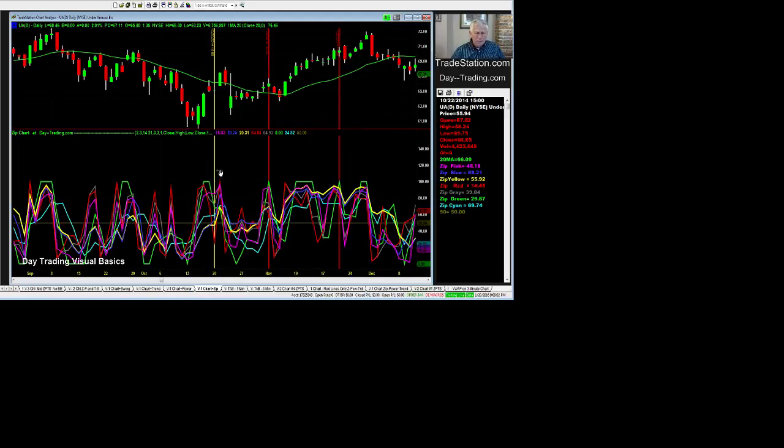You typically think that when you have a zip green at 100 and the pink is right under it, as this one is, and the red and gray are down, and the blue and yellow are even under 50, well, that should be a nice down day. And you end up on this day, as you can see, with a green doji sitting there.